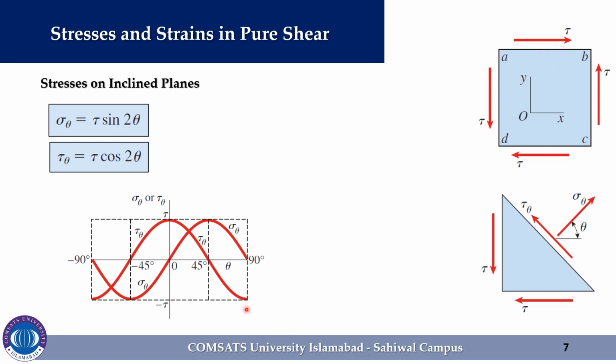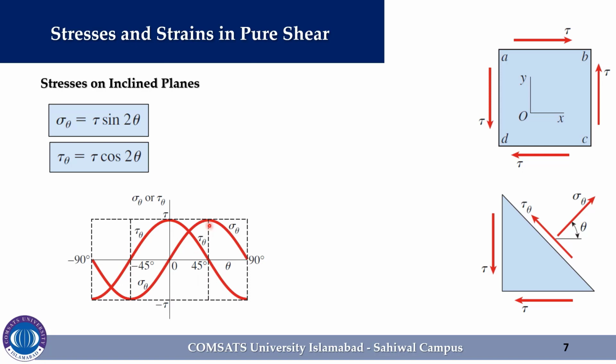Here it is important to note that the numerically largest shear stress occurs on the planes for which theta is equal to 0 degree and 90 degree, as well as on the opposite faces for theta is equal to 180 degree and 270 degree. From the graph, we see that the normal stress sigma theta reaches a maximum value at 45 degree.